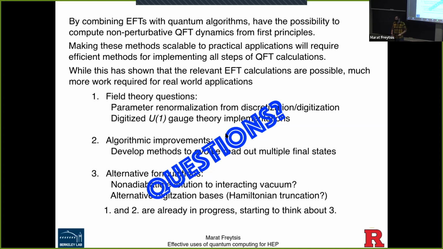There are certainly things that are complicated by the Hamiltonian picture, as you say. Right now we're thinking about the details of just digitizing abelian gauge theory, and that's already running into some subtleties in order to make sure that you're not wasting a lot of qubits on the gauge redundant part of the Hilbert space that's not physical.